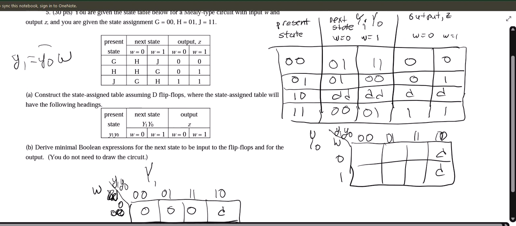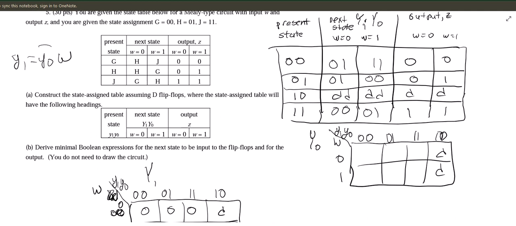If we look at the second column, when W is 0, when Y1, Y0 is 00, we have a 1. When it's 01, we have a 1. And when it's 11, we have a 0. And when W is 1, when Y1, Y0 is 00, we have a 1. When it's 01, we have a 0. And when it's 11, we have a 1.